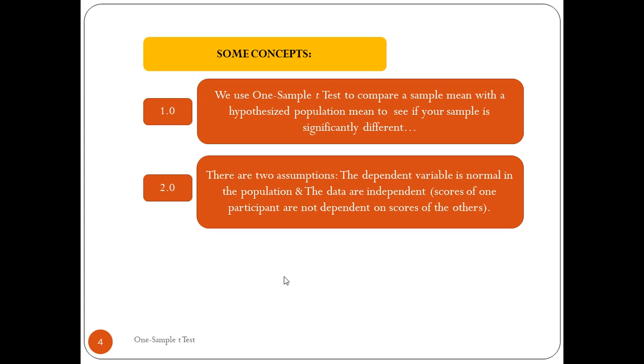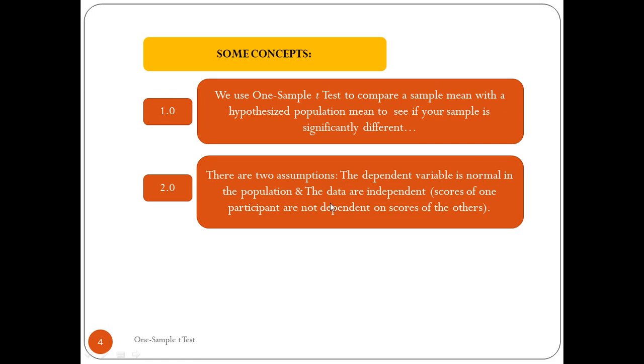For example, you want to compare the IELTS score of your class with the hypothesized population mean score. In this context, your sample's IELTS scores have to be approximately normal.